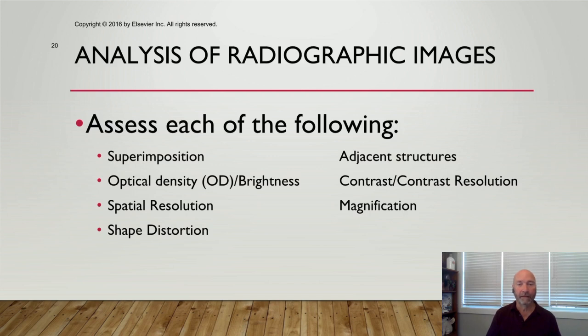Is the brightness right? Is the contrast right? Is our spatial resolution adequate? Spatial resolution is lack of fuzziness. Is our shape distortion acceptable, or is there an absence of shape distortion, which is preferable? Can we differentiate between adjacent structures? So contrast resolution married to spatial resolution. And is there a presence of magnification?